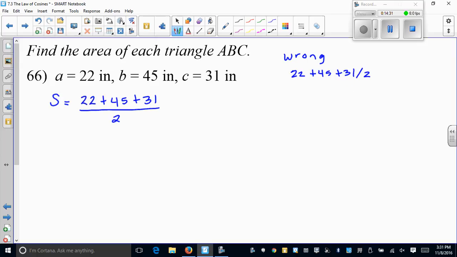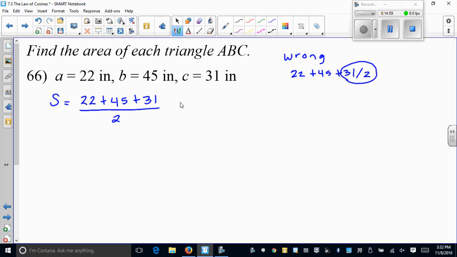If you're not going to use the fraction bar, then just go ahead and divide everything in half. 22 divided by 2 plus 45 divided by 2 plus 31 divided by 2. Or put your 22 plus 45 plus 31 in parentheses, then divide by 2. Or add these all up, hit enter, and then hit divide by 2. Number one mistake that is made on this formula is students divide the wrong value.